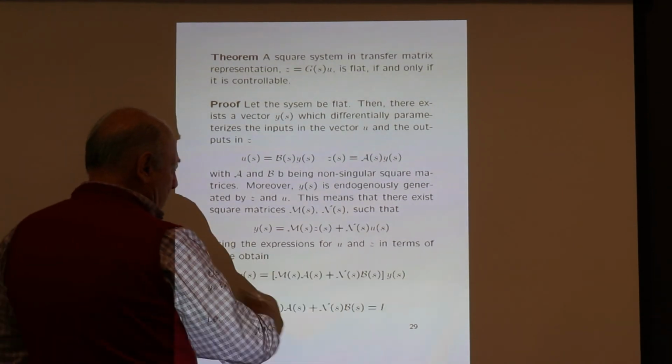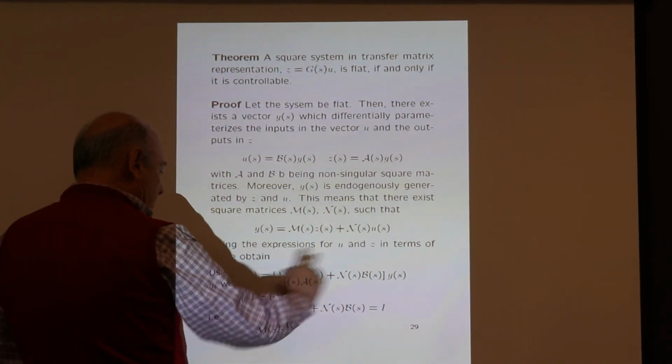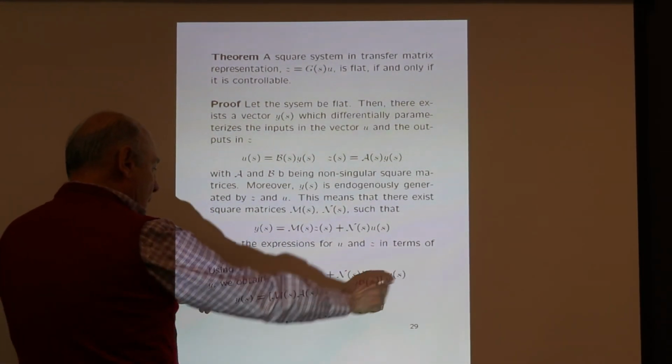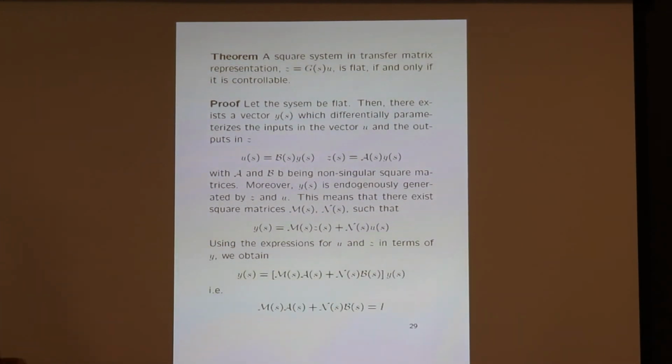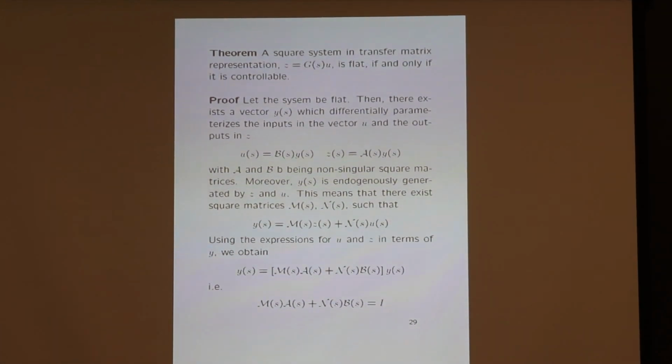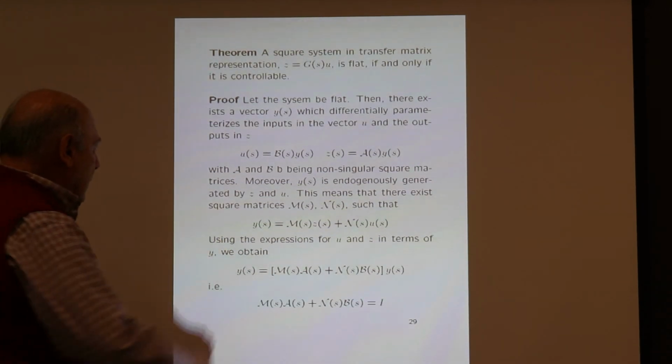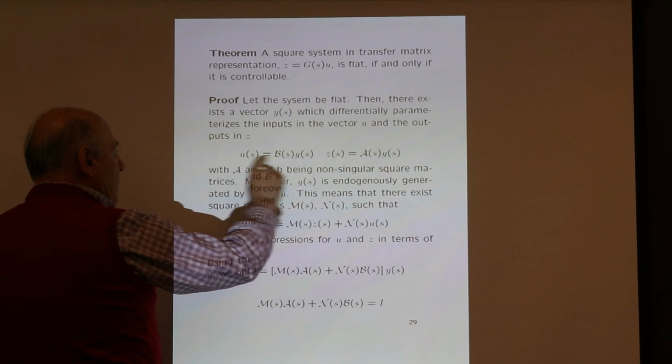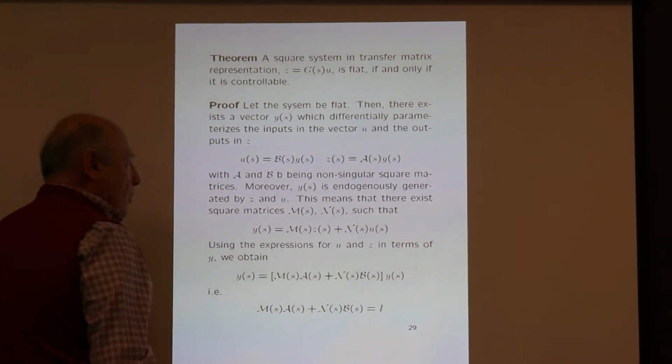I mean, this sum of matrices times Y, but because of the Bezout identity, this will be the identity, and that will reaffirm the fact that Y is the flat output. So a flat output is an endogenous variable that can differentially parameterize the inputs and can differentially parameterize the outputs.